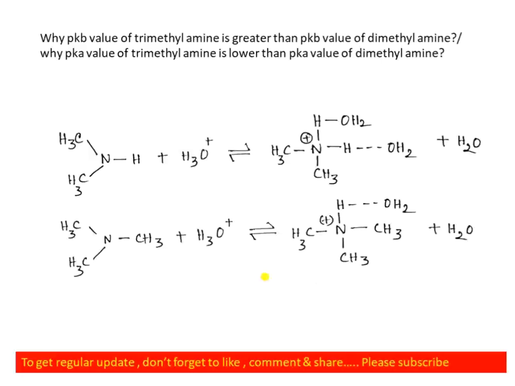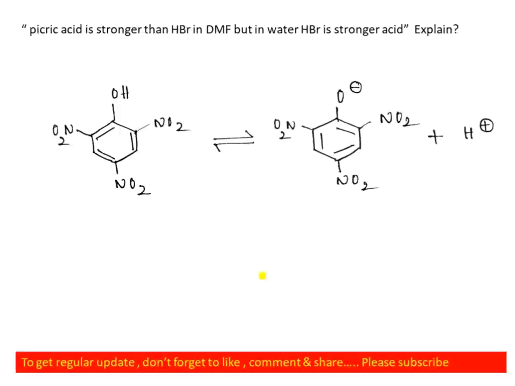Now, the last question is, picric acid is stronger than HBr in DMF, but in water HBr is the stronger acid. This is due to the difference in sizes of the conjugate bases. The larger conjugate base, the trinitrophenoxide ion, that is from picric acid, is more solvated in DMF than the smaller Br minus, which is again more solvated in water. And in a polar protic solvent like water, the solvation occurs by forming hydrogen bonds.